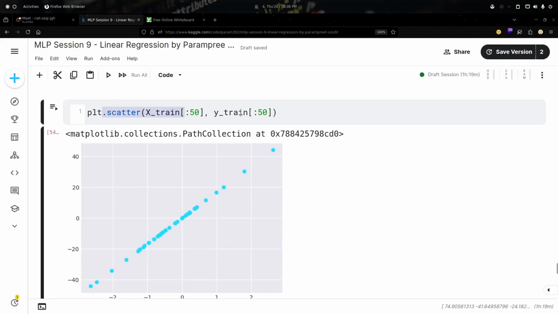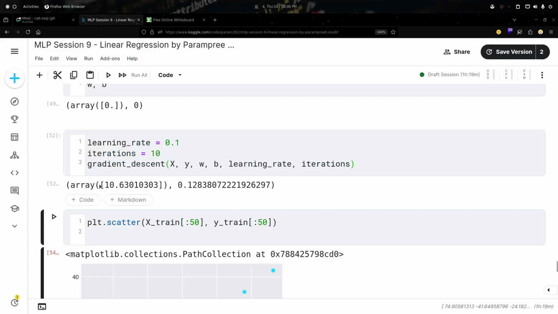And now let me use this equation and plot the line. I'll write plt dot plot and x train of 50 into this value, which is 10.63. So I'm just writing 10.63 plus 0.13, I'll just round it off to 0.128.